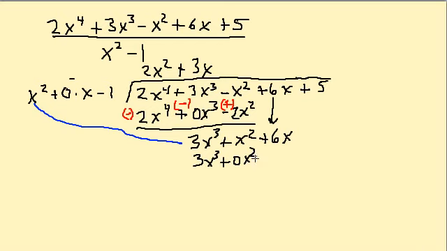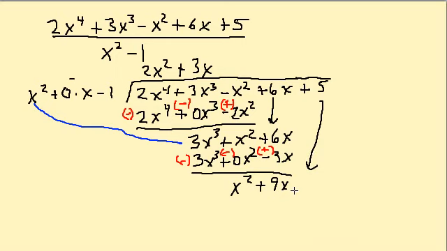And then 3x times minus 1 is minus 3x. And then I subtract. So I change the sign of each term and I add. So I get 0 x squared and plus 9x. And then I bring down the next term plus 5.